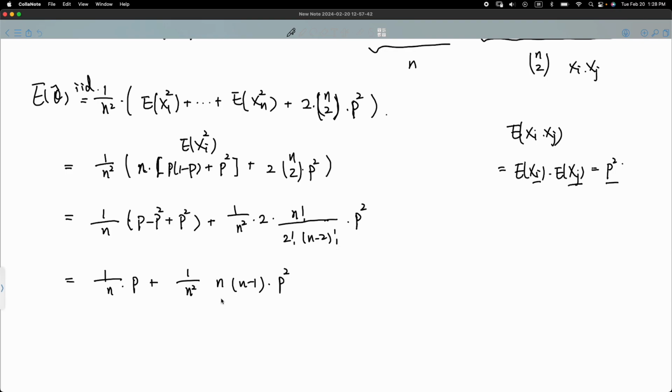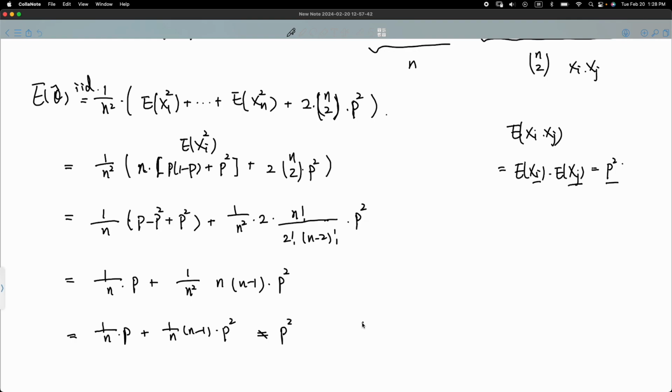That should cancel out, and then we should have 1 over n times p plus 1 over n times n minus 1 times p squared. Okay, so I don't think you can further simplify that, but you can see that this is not equal to p squared.